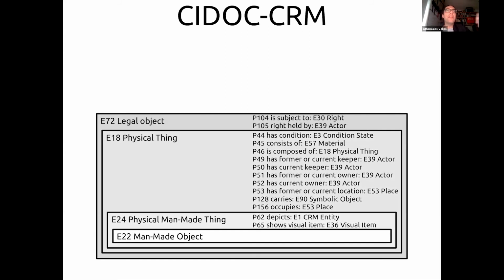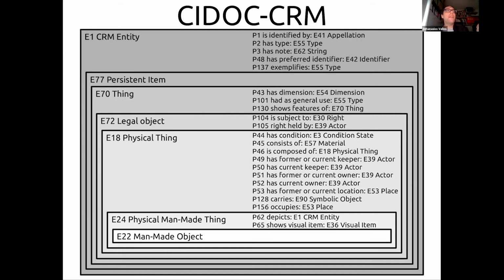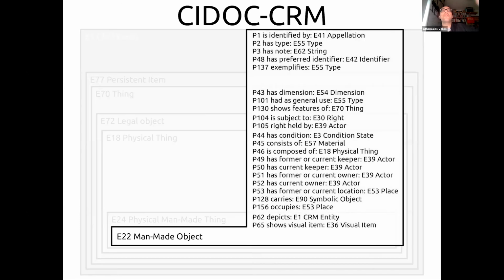And it goes on, the legal object provides a couple more, and then we go all the way to the top, to the CRM entity, that provides these top properties over there. And you will notice that it starts with P1 is identified by, so we can give things names, and we can give things types. So everything in the CRM can have a name, an identifier, and everything can have a type.